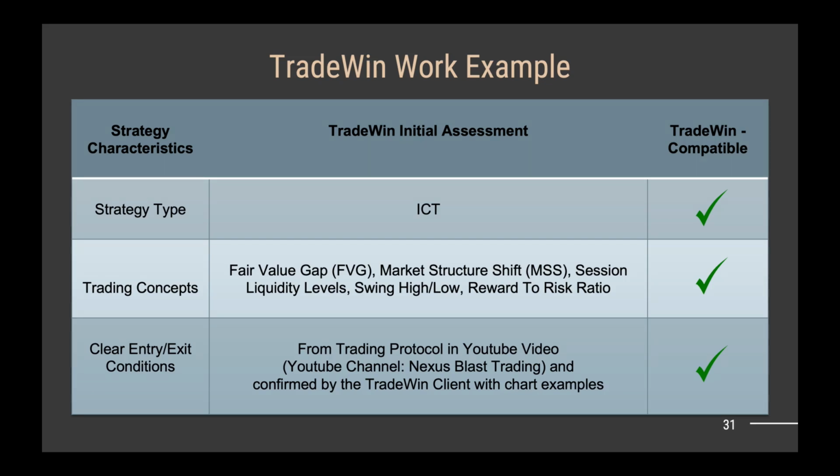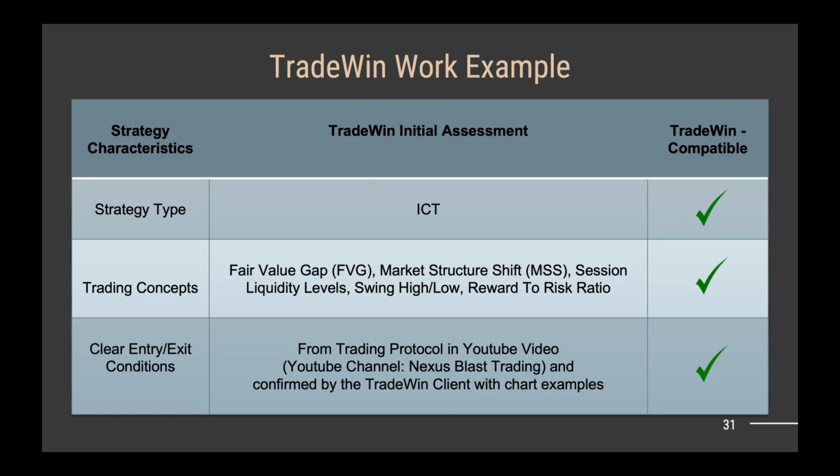So the first thing to note for my initial assessment of any strategy is to identify the type of strategy. Is it indicator based? If so, what are the indicators? If it is ICT based, then what are the ICT concepts being used?